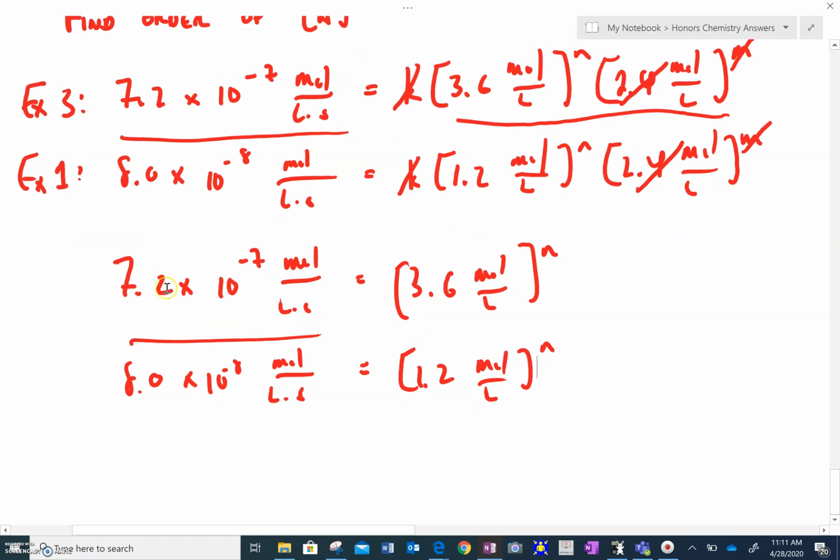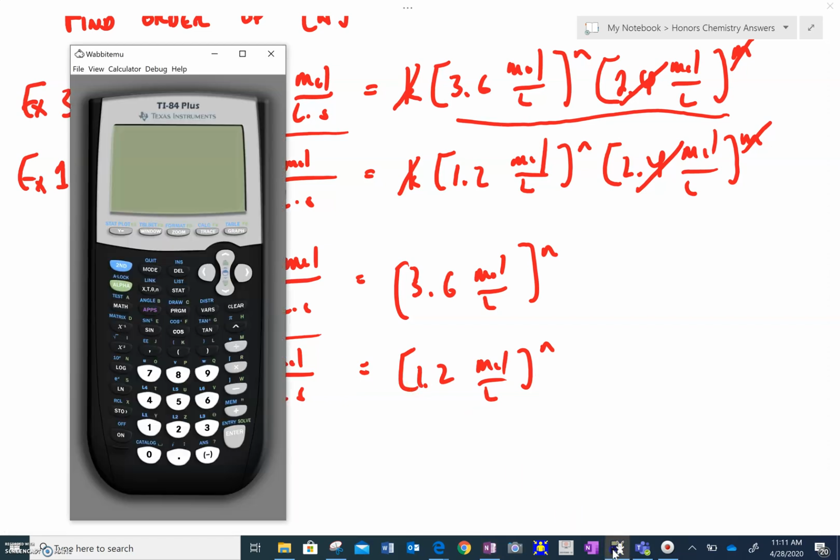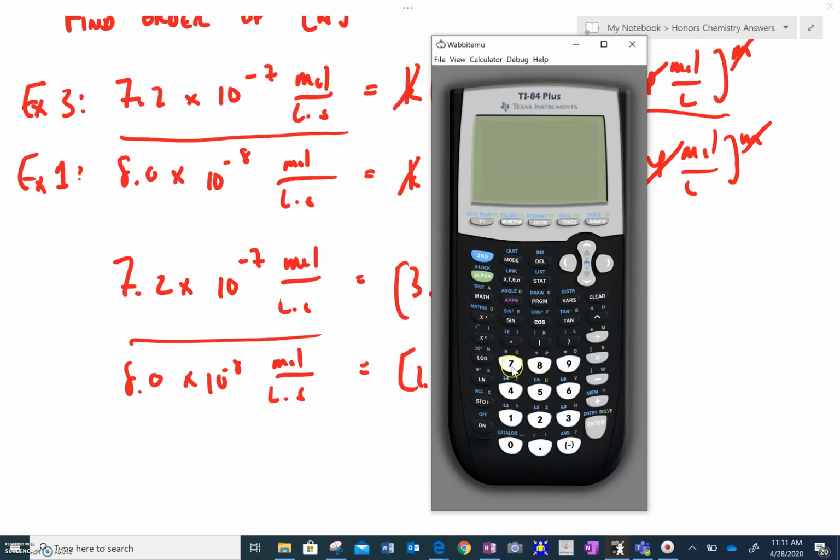Let's bust out our calculator. I'm going to move this over so it's not blocking my data. We'll say 7.2 times 10 to the negative 7th divided by 8 times 10 to the negative 8.